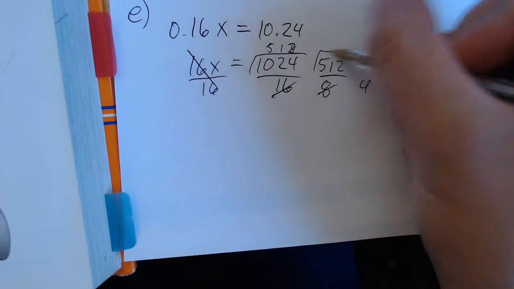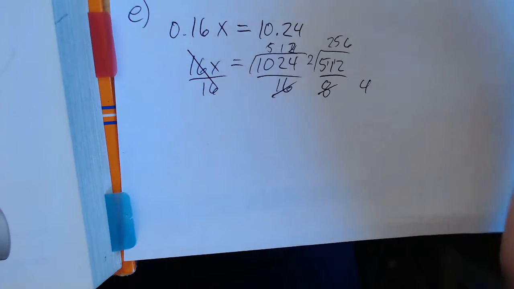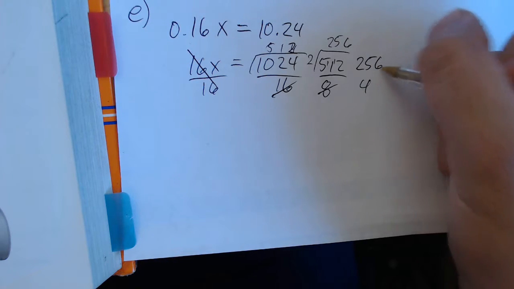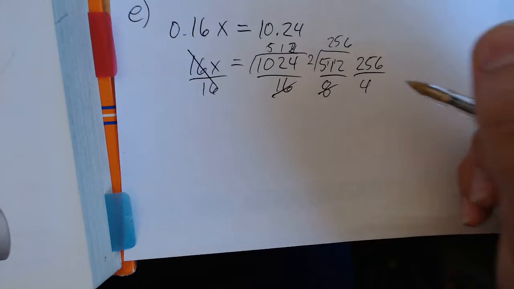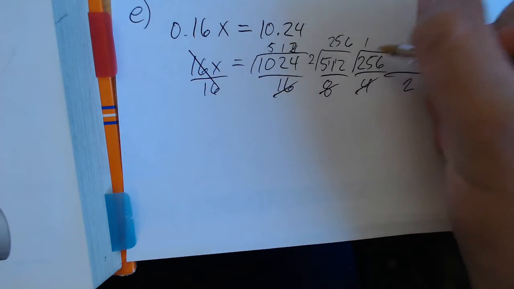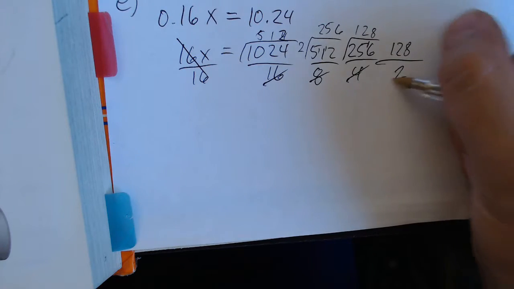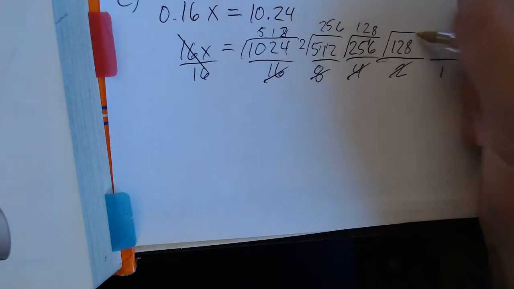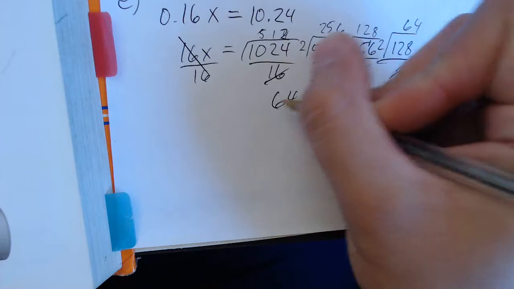We get 4, and 2 goes into 512 256 times, so 256 over 4. We'll reduce by 2 one more time and get 128 over 2. So we can reduce by 2 again, and we get 64 over 1. So our final answer is going to be 64.